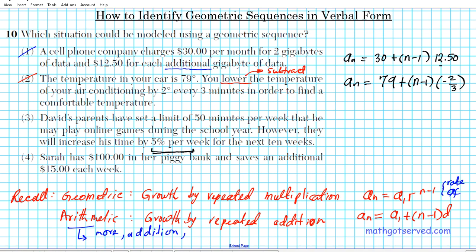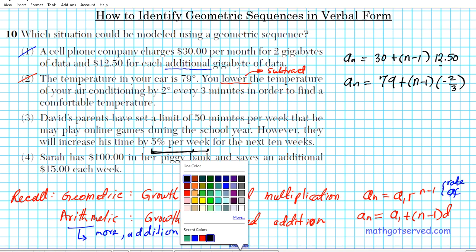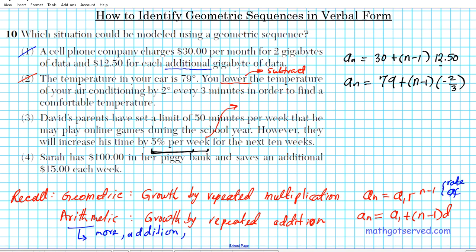That's the rate of increase. So when you see percentage per period, that indicates the operation of multiplication. All right? So you constantly multiply by the growth rate, okay? 5% per week.